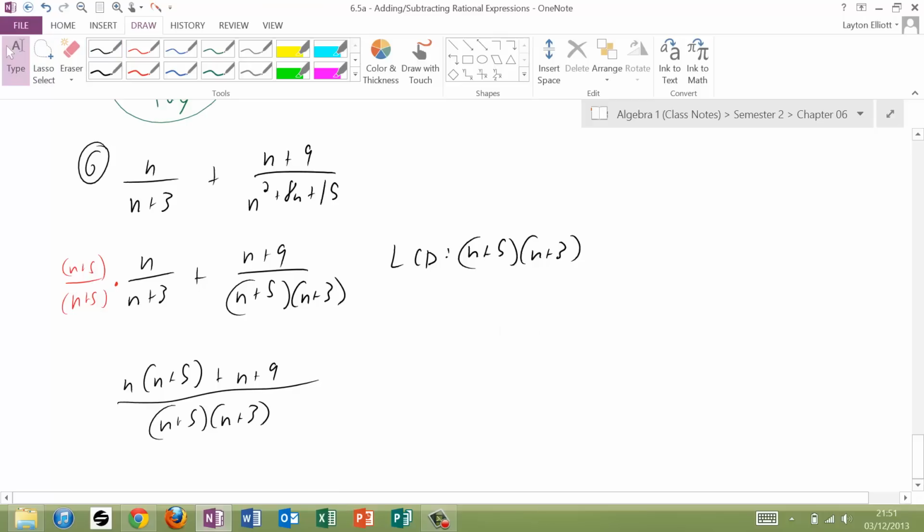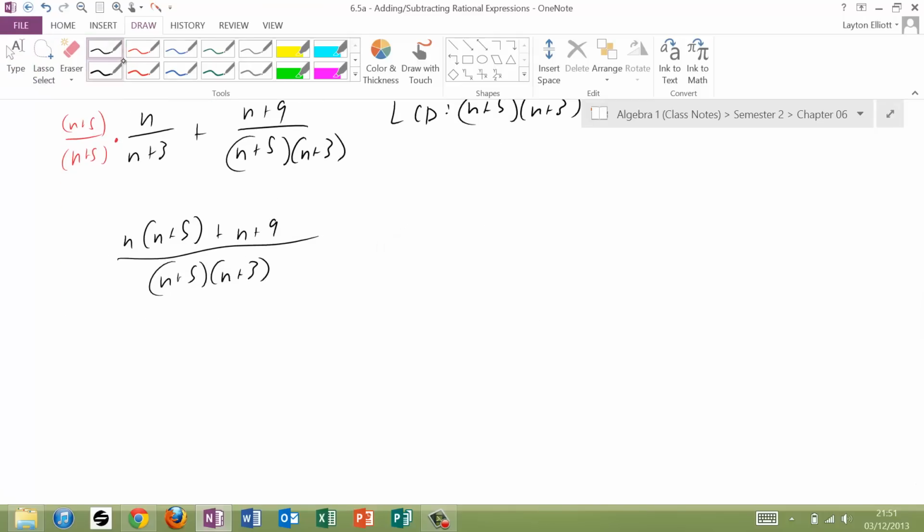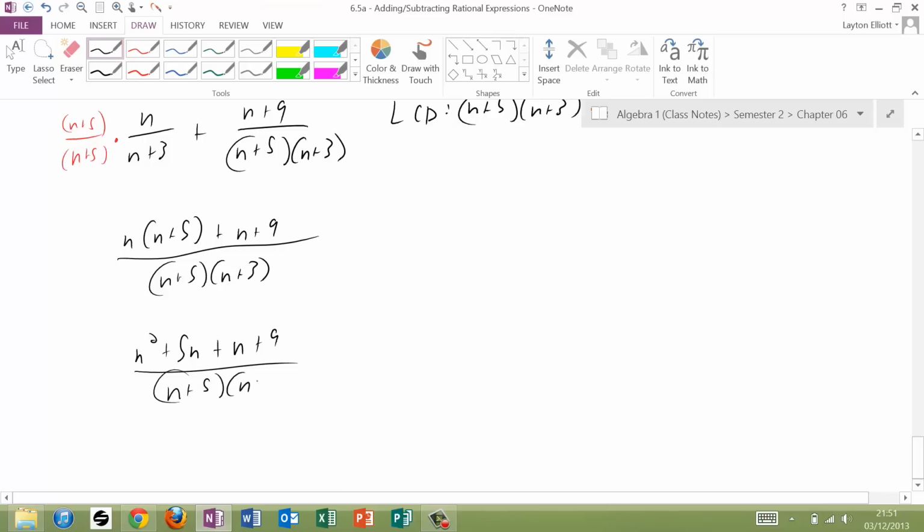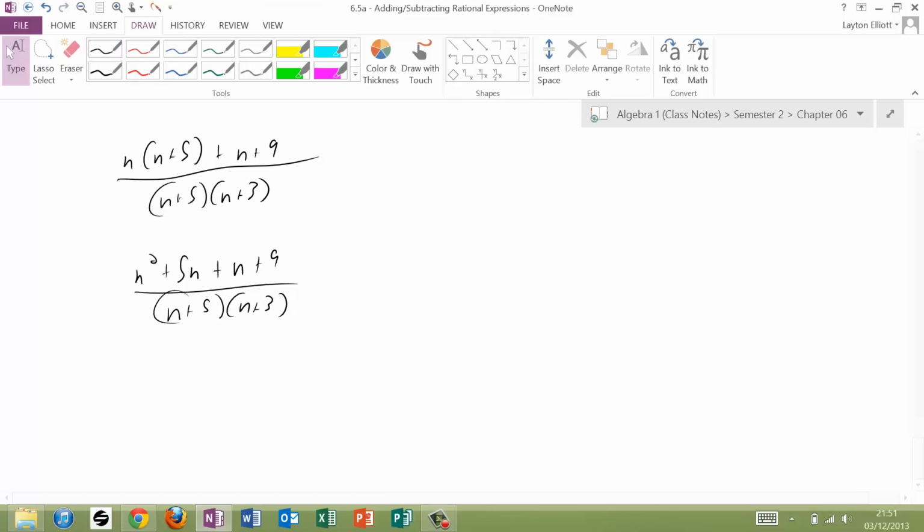Now we have to simplify the numerator before we can cancel anything. I have to multiply it all out. N to the second plus 5n plus 6n, plus n plus 9 all over the LCD of n plus 5 times n plus 3. Keeping that factored so that I can see if I can cancel anything later. Then I have n squared plus 6n plus 9 over n plus 5 times n plus 3.